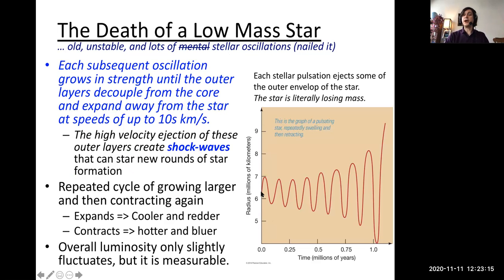So you're looking at over time, an asymptotic giant branch star is going to go through these pulsations. It's going to get larger, smaller, larger, smaller. And each one of these is kicked off by one of those helium shell flashes. And each subsequent oscillation grows in strength.